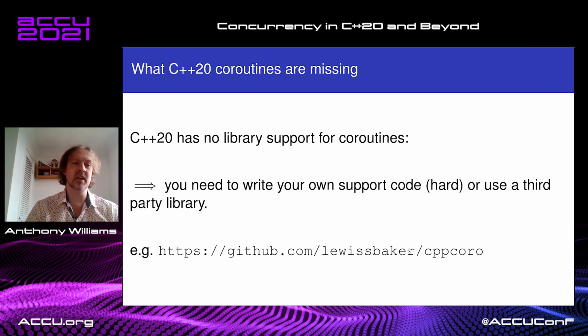So hopefully we're going to get something in C++23 or later that actually deals with this. We will have some form of coroutine support library beyond the mere mechanical compiler hooks, which is all we have at the moment.